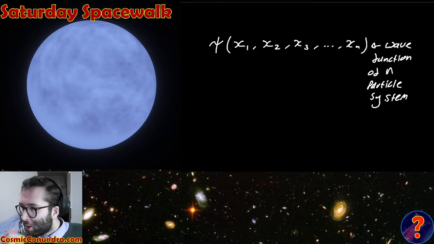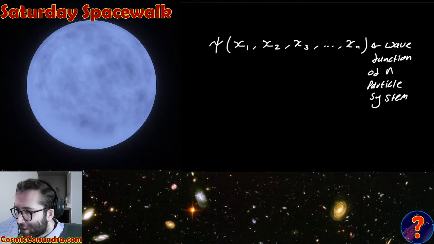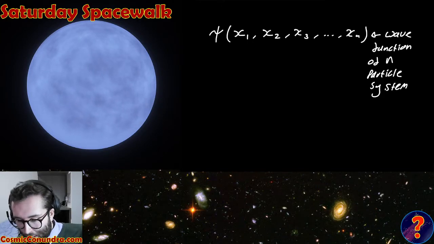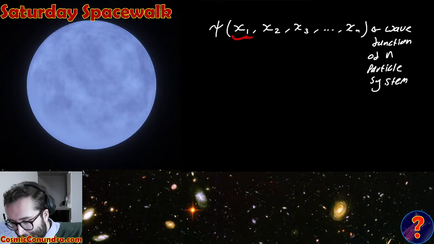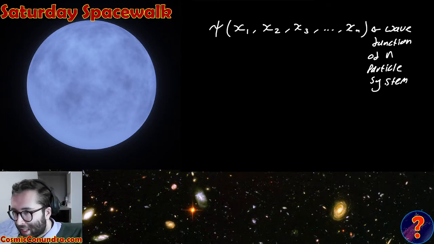The distinguishing property of wave functions that describe fermions and wave functions that describe bosons can be seen when you swap the labels on these different particles in this multi-particle system.